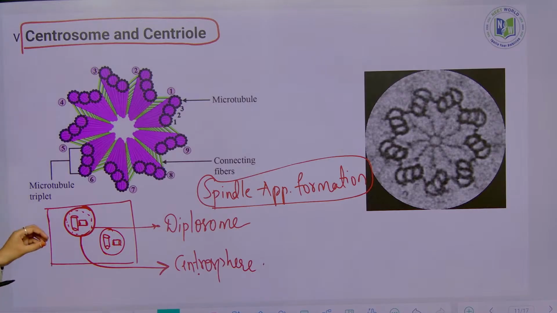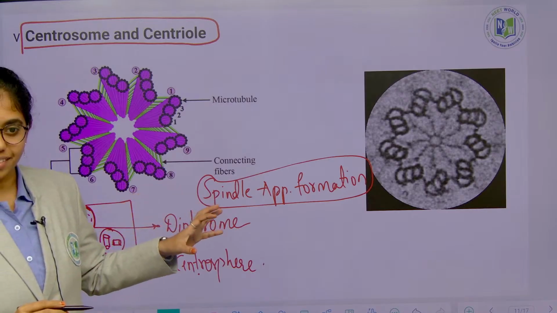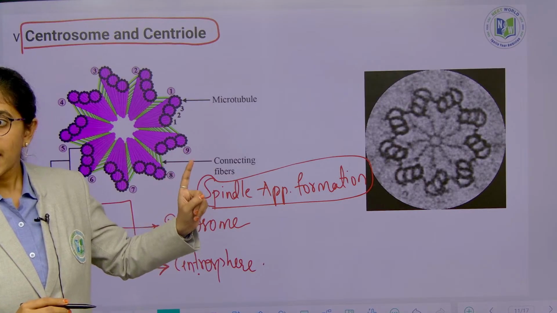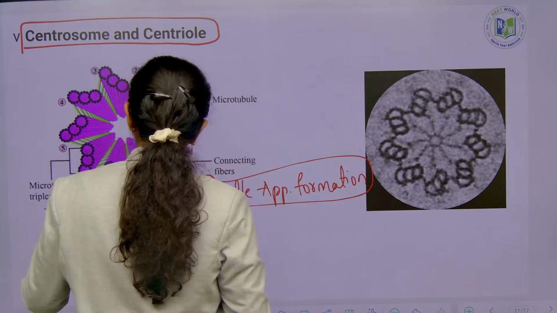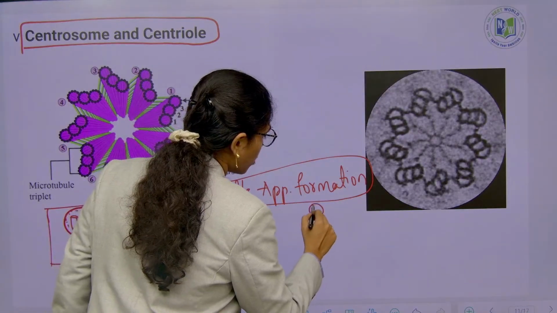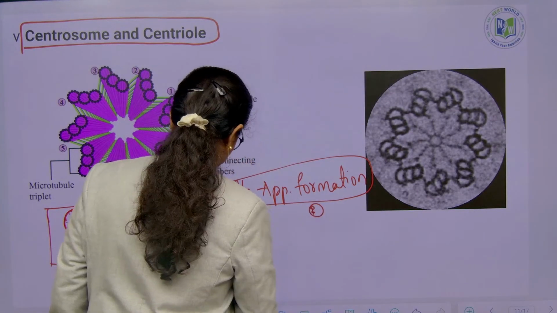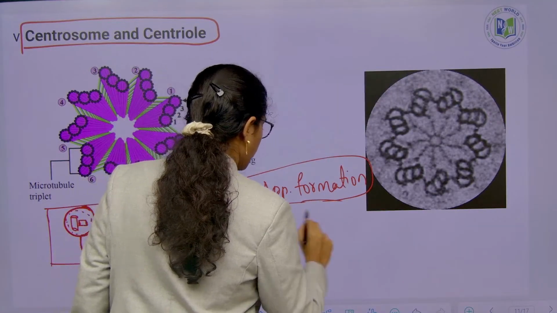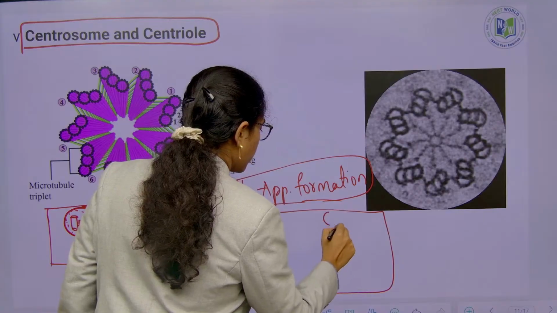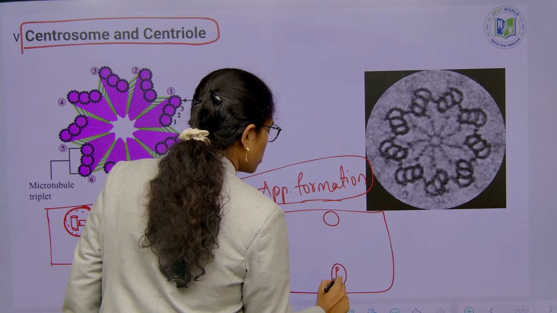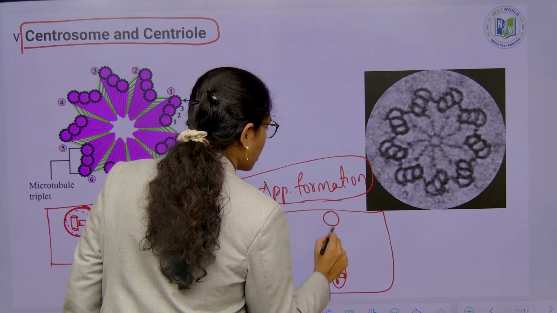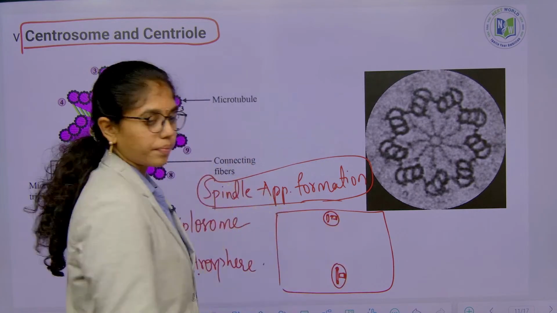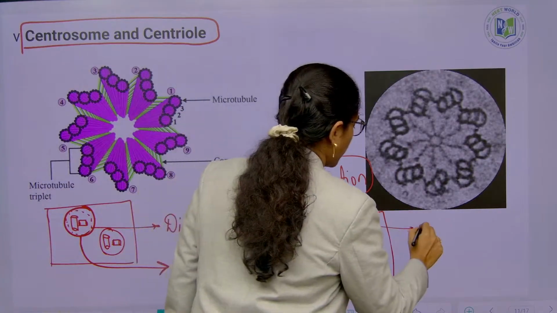At the end of prophase, if you remember, karyokinesis first stage is what? Prophase. At the end of prophase, these two centrioles will move to two opposite poles, and these are known as what?